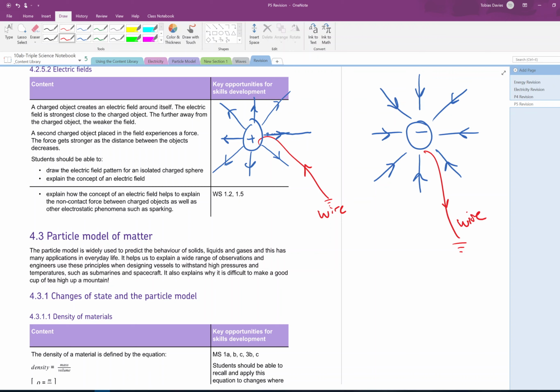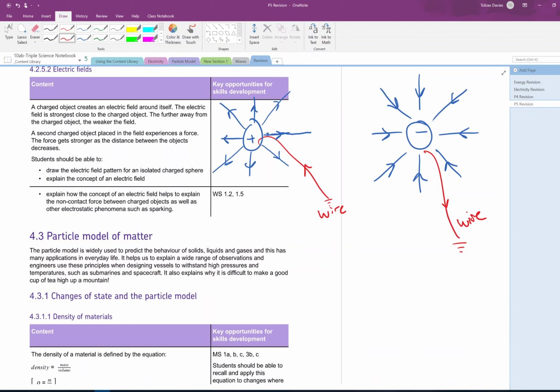And in fact, with an Earth wire, because it's a really low resistance wire, if there's an electrical fault, you get a really large current flowing through the Earth wire, but that large current will then blow the fuse in the device, and in blowing the fuse, it switches off the device.